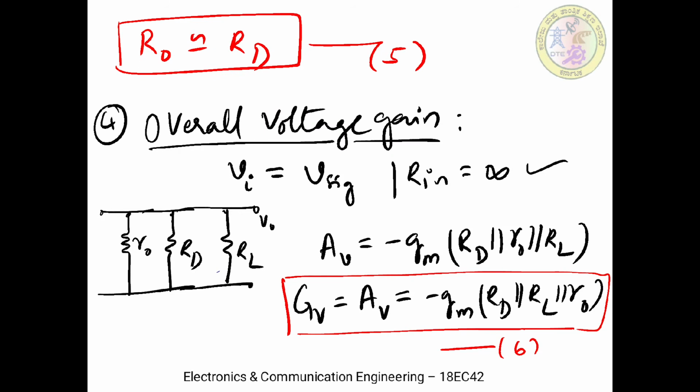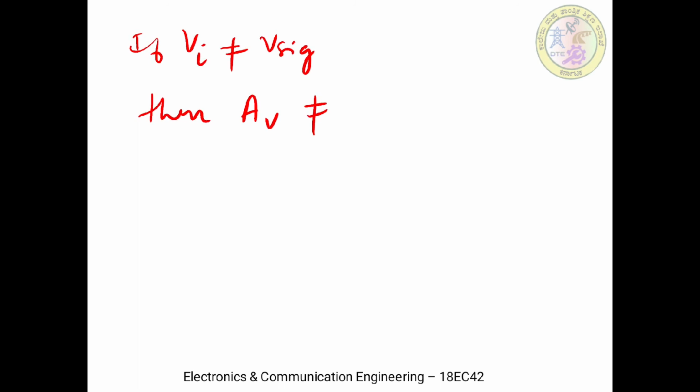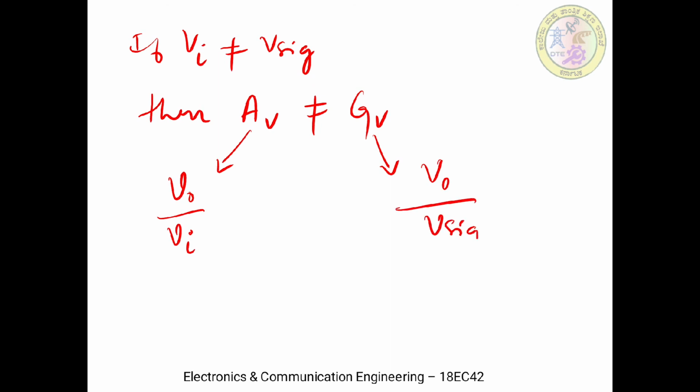Now this condition, GV equal to AV, is important. If this condition is not met, if Vi is not equal to VSIG, then AV will not be the same as GV. Because to write AV we consider V0 by Vi, but to write GV we consider V0 by VSIG.